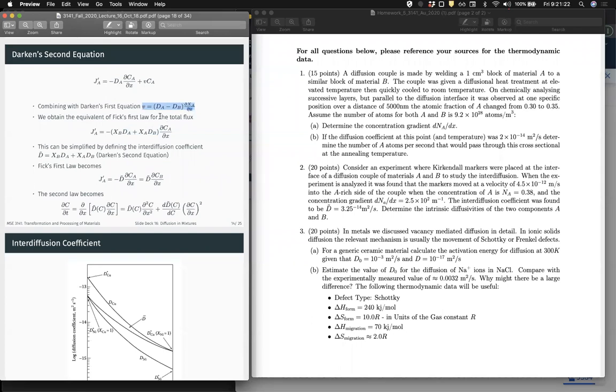From Darken's first equation, right? So here we have the diffusivity of A and B. And then we have this equation here, right? Where this is just the definition, right here. Here's the definition of the interdiffusivity, which is given. You know the mole fractions, right? So it's just a fairly straightforward solve 2 equations with 2 unknowns, right?